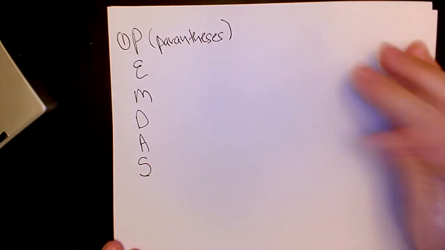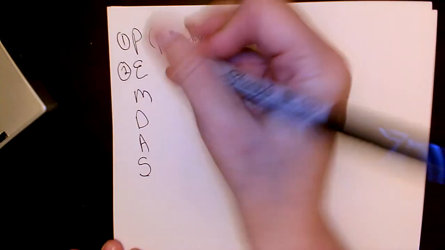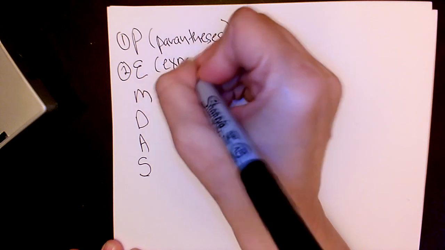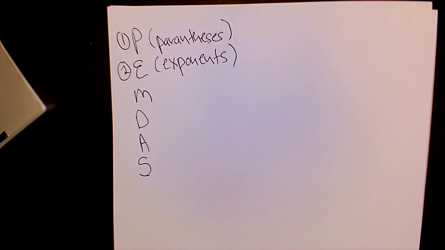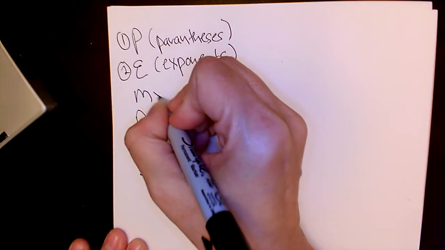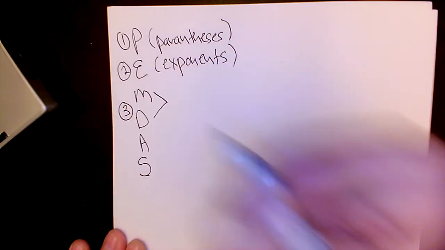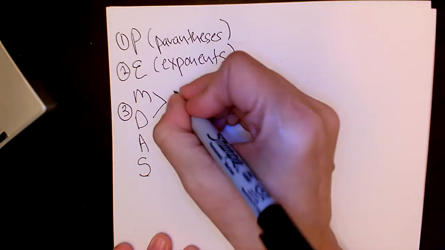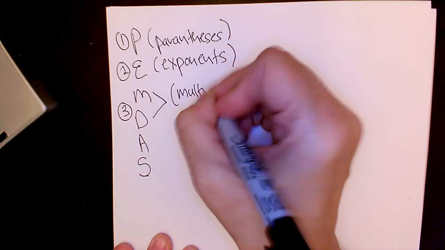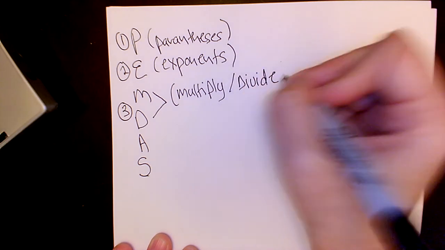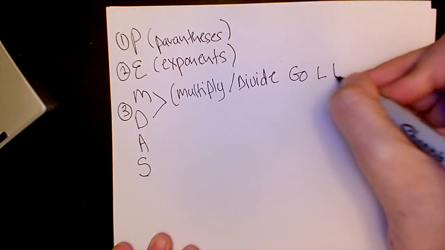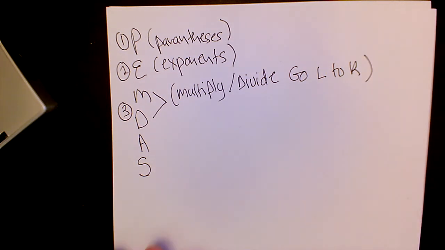And we always do parentheses first. And what we do second is what we just learned, and those are exponents. So when we're doing a problem, we look for any parentheses first, exponents second. These two go together. We multiply, divide. We always go left to right.